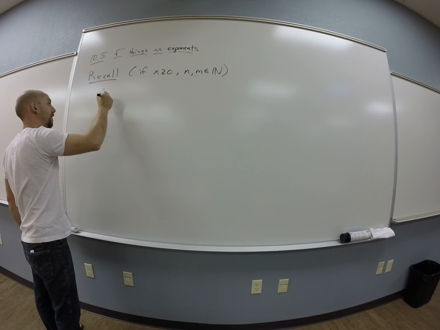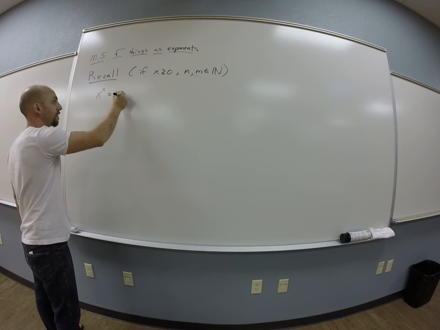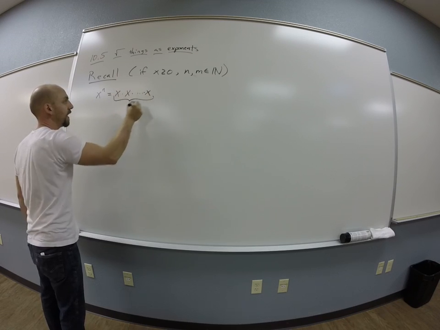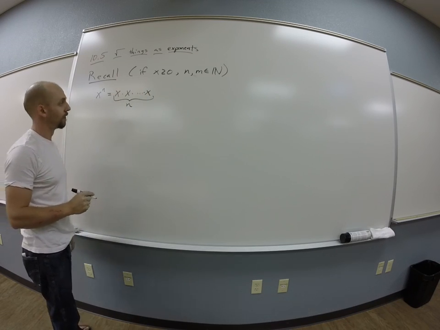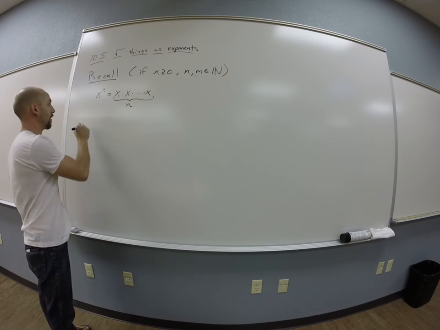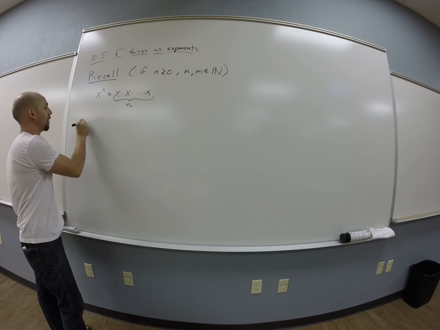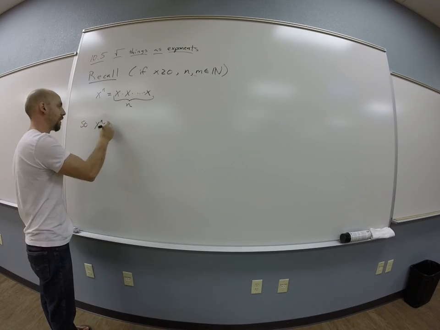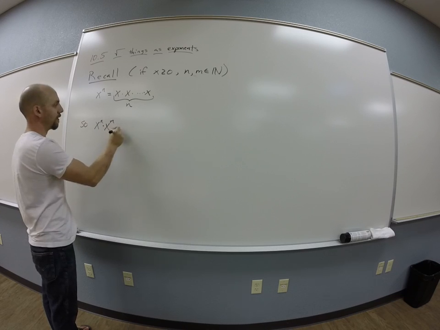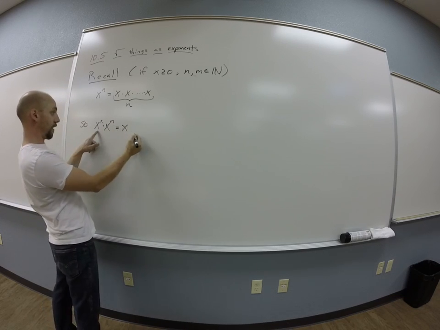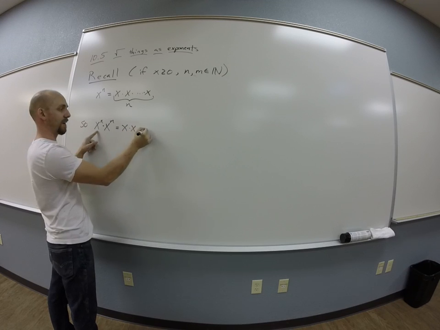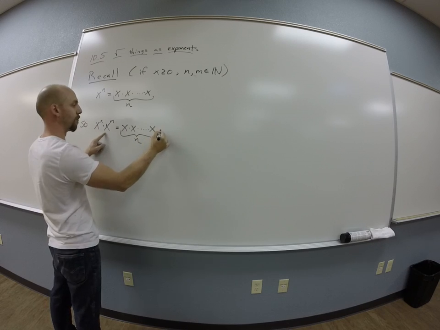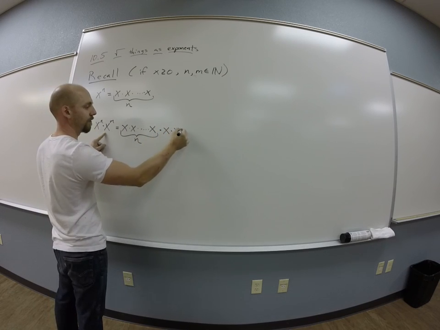Let's just recall how exponents work. If I've got x to the n, that means I want to take x and multiply it by itself n times, right? So this is our basic rule, and it forces a couple of things. If I take x to the n and multiply by x to the m, first there's n x's from x to the n, all multiplied together, and then we're multiplying that by m more x's.